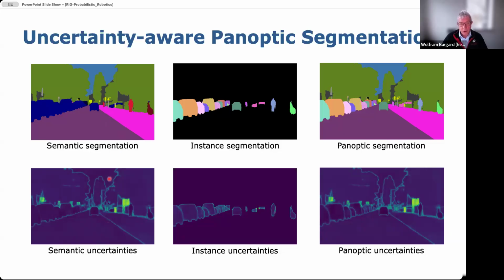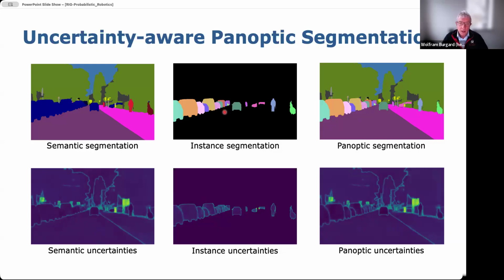Here you can, for example, see the outcome for the semantic segmentation task. What is nice is that at the borders between different classes, you see a high uncertainty. High uncertainty means bright, low uncertainty means dark. So at the edges of these classes, you typically see high uncertainty.